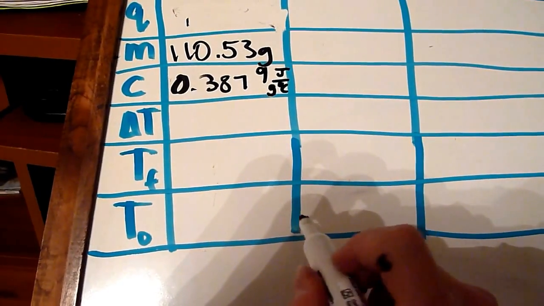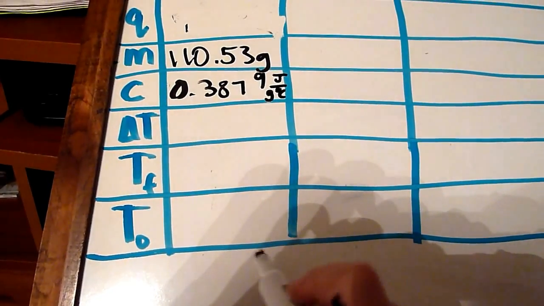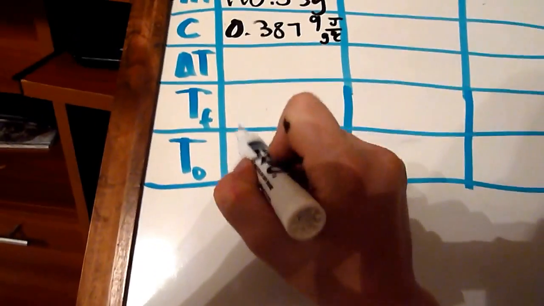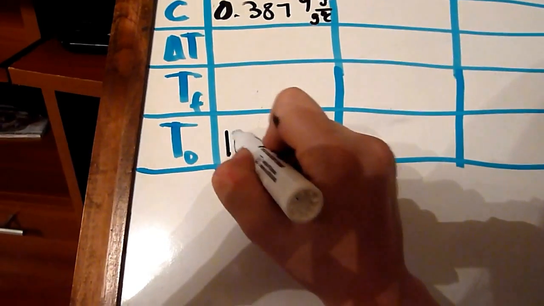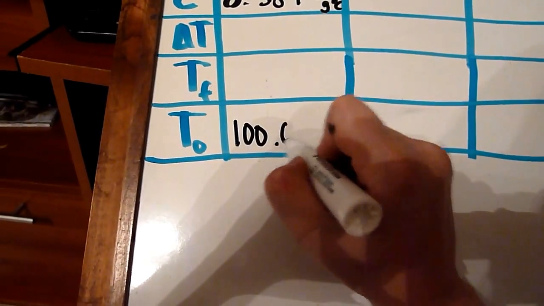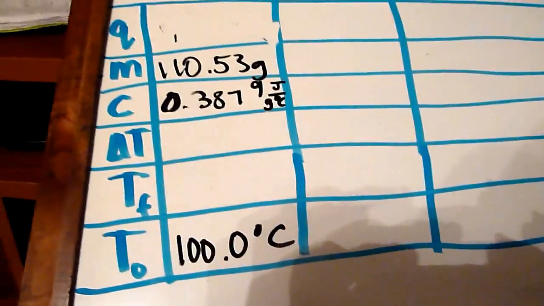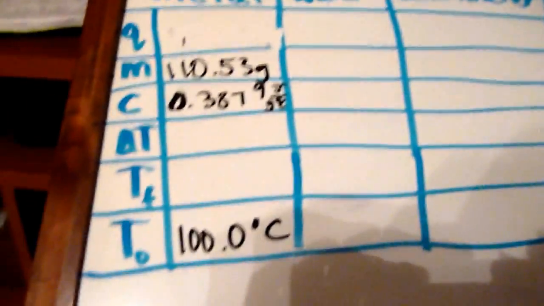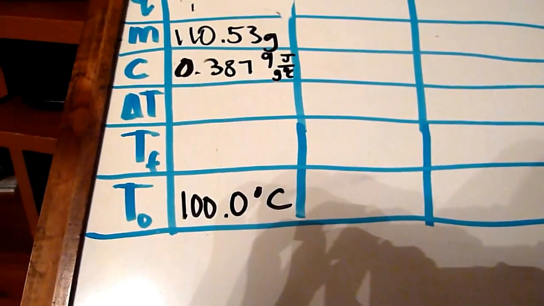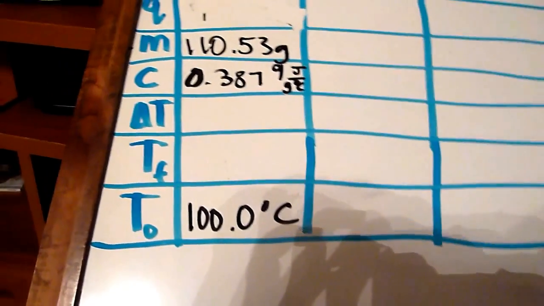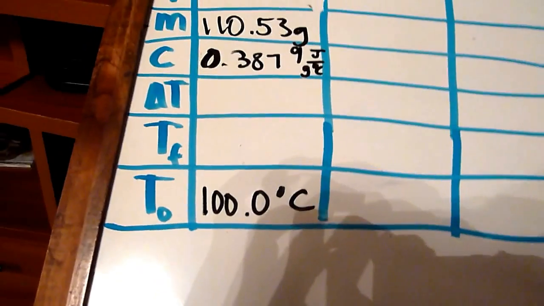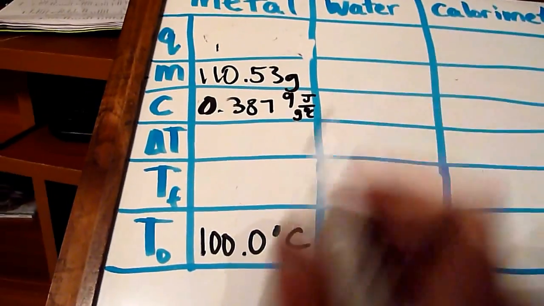It tells us that the metal was initially heated to a temperature of 100.0 degrees Celsius in boiling water, which we know will never get above 100.0 degrees Celsius at standard altitude, room conditions, that kind of thing. And we'll learn more about that later this year.